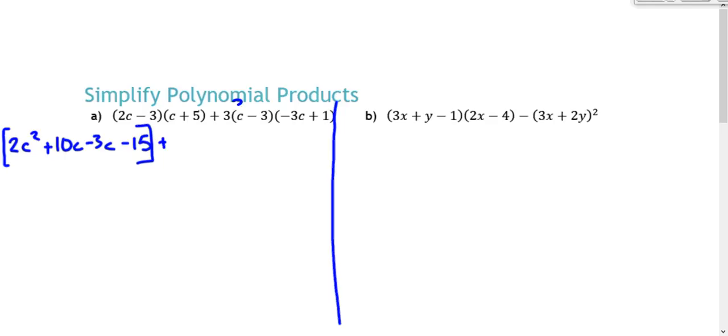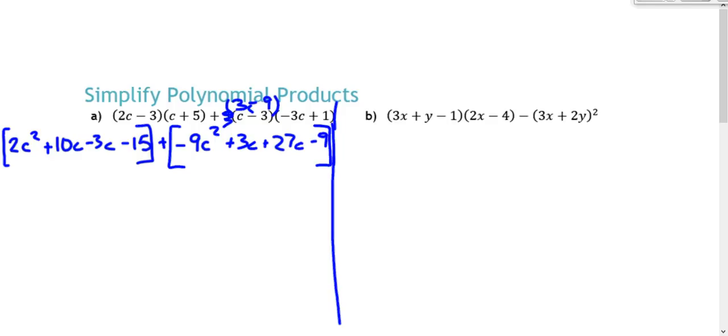I'm going to distribute this in right now before I do any multiplication, so I don't have to worry about that extra step. So then I put another bracket operator there, so negative 9c squared plus 3c plus 27c minus 1 square bracket.